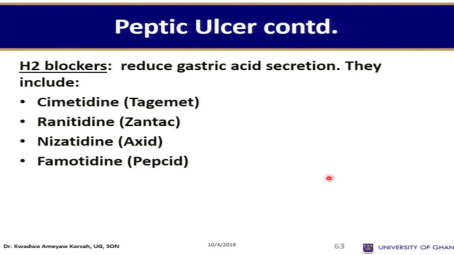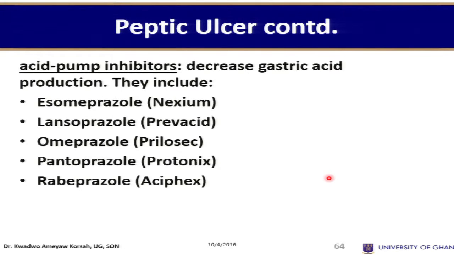And then we have H2 blockers like cimetidine, ranitidine, nizatidine, and then famotidine. And the acid pump inhibitors decrease gastric acid production, and a common one that we have at the hospital is omeprazole, and then the other ones.